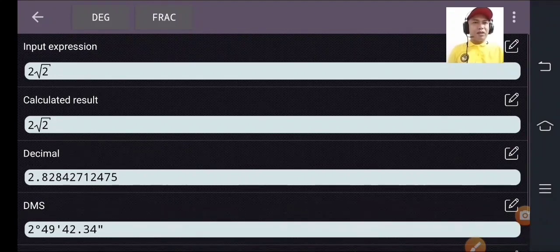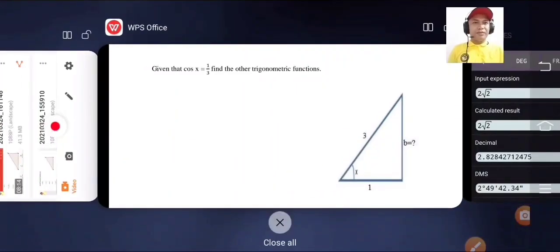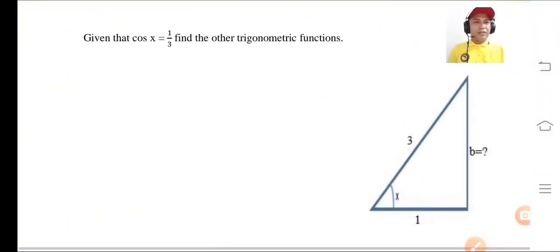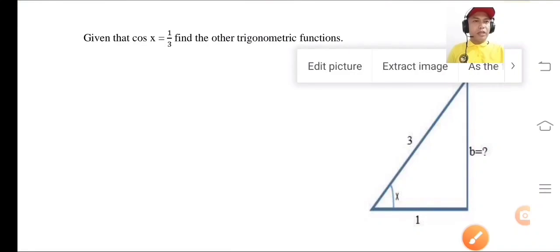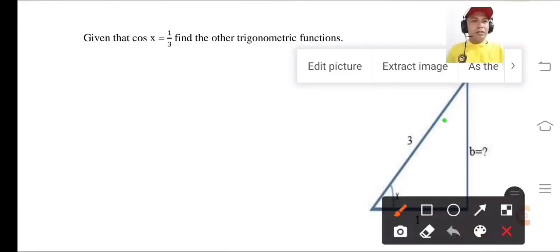It is similar with the principles of the Pythagorean theorem. So b is square root of 8, and if we simplify square root of 8, that is 2 square root of 2.